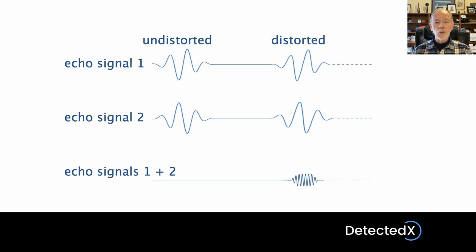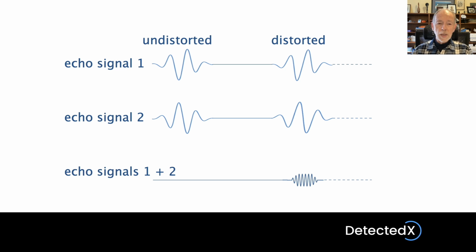And because there's no distortion, these are equal and opposite. On the other hand, with the distorted echoes, the second echo is not just the inverse of the first one. If it was, it would be leaning to the left, but in fact it is leaning to the right as well. So these are not simple equal and opposite echoes.